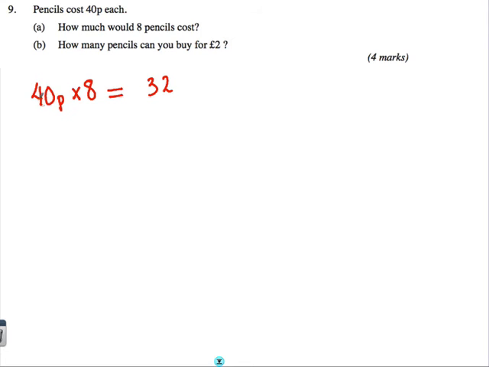But 40 times 8 is 320. Because it's in pence, it's 320 pence. Make it into pounds would be just £3.20. So how much do the 8 pencils cost? They cost £3.20. Now, how many pencils can you buy for £2?